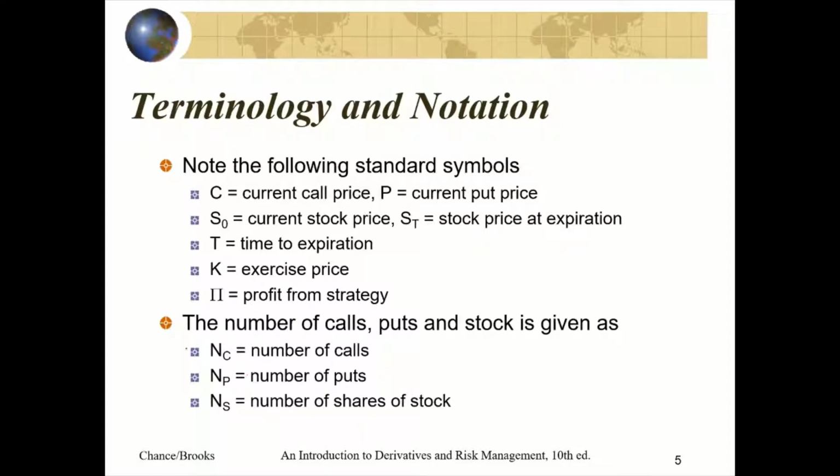What we need to keep an eye on is the number of calls, puts, or stocks. So NC is the number of calls, NP is the number of puts, and NS is the number of shares.